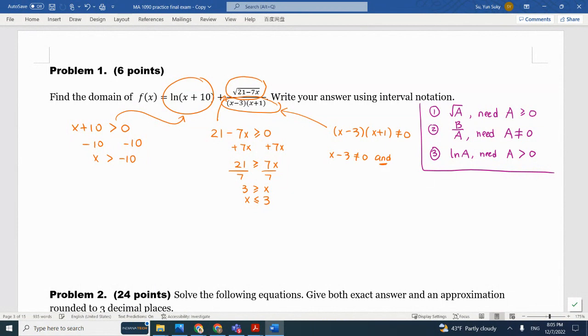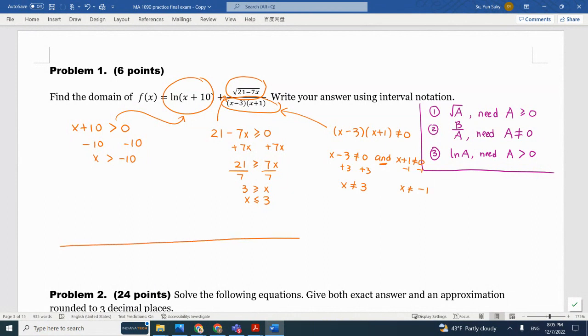So you put x minus 3 is not 0 and x plus 1 is not 0. We solve for x, so add 3 on both sides. We get x not equal to 3, and x not equal to, subtract 1 on both sides, negative 1. Okay, so this is what we get.